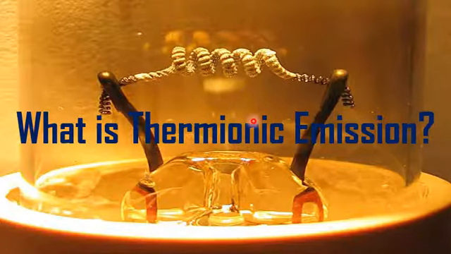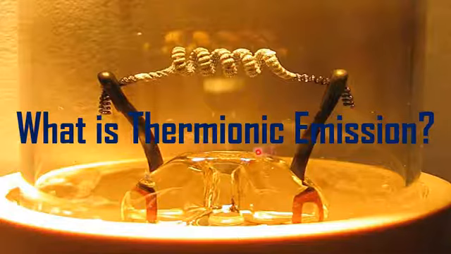So basically the word therm means heat, whereas ionic means a combination of positively or negatively charged ion. So collectively the word thermionic means a relationship of heat with positively or negatively charged ion.